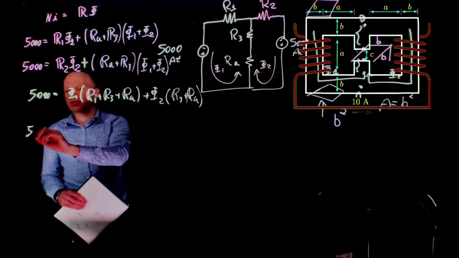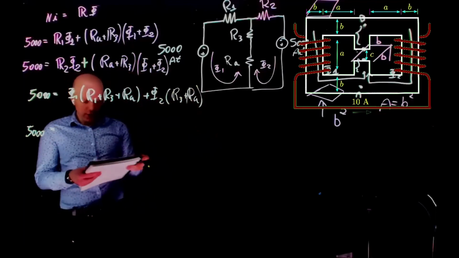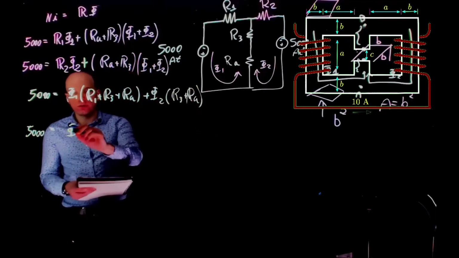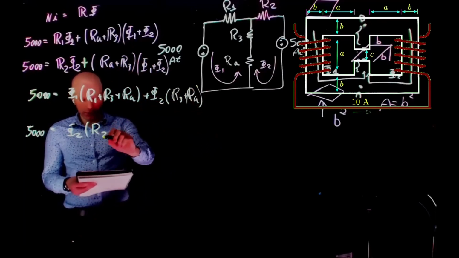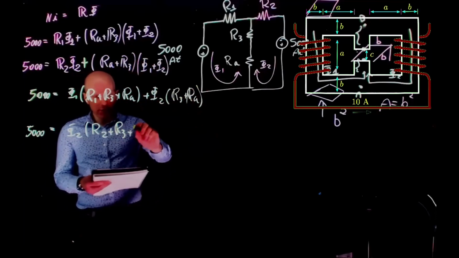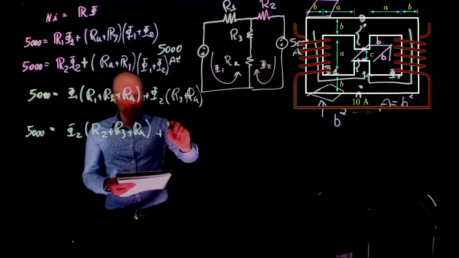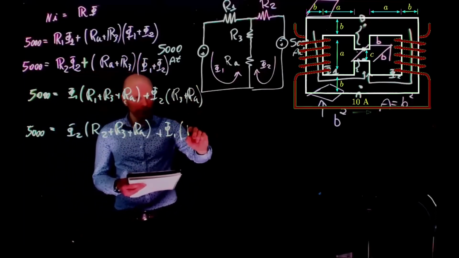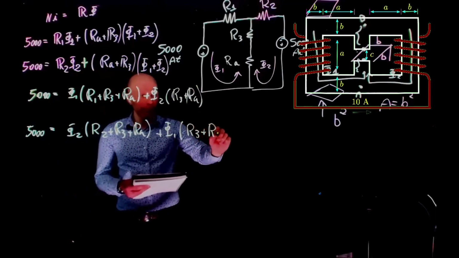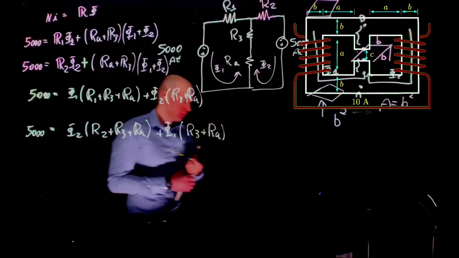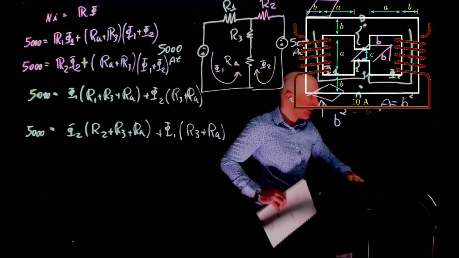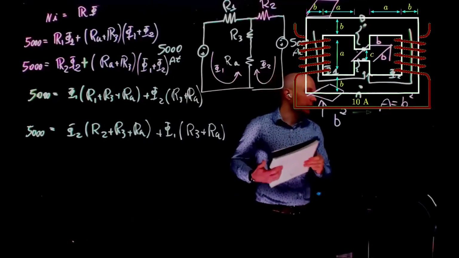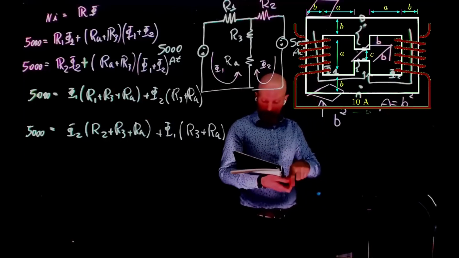And the second expression becomes, just factoring out phi's here, phi 2 times R2 plus R3 plus RA plus phi 1 times R3 plus RA. Right? Just simple manipulation. We didn't do anything other than factoring out phi's.